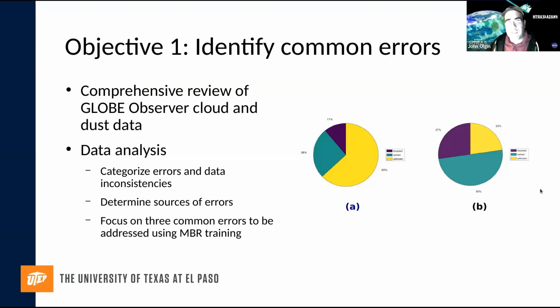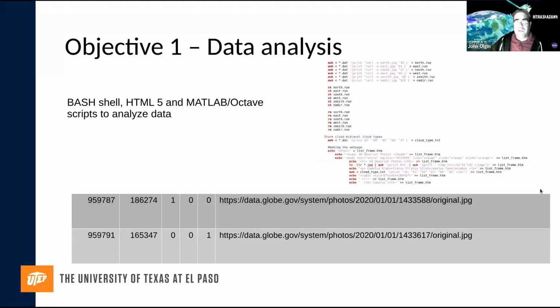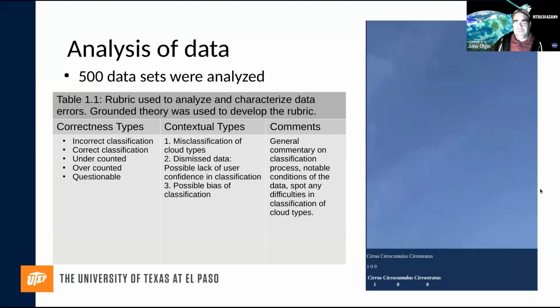Basically, I took a look at 500 data sets, 500 people who collected data through the GLOBE Observer app, specifically looking at clouds. All the data that comes in through that cloud protocol, I analyzed.